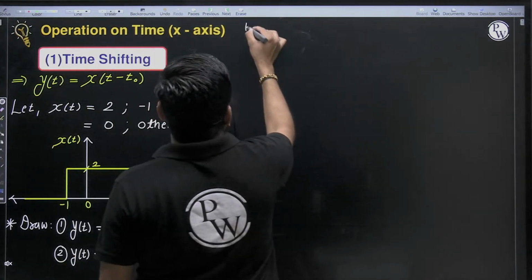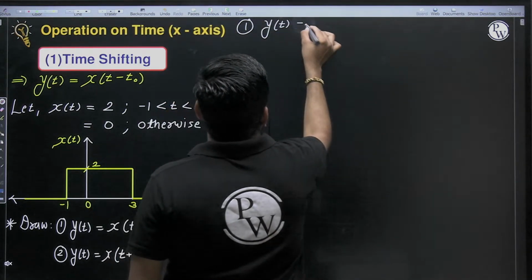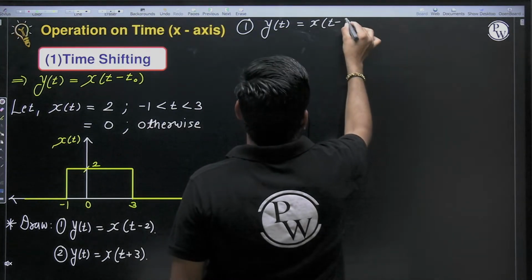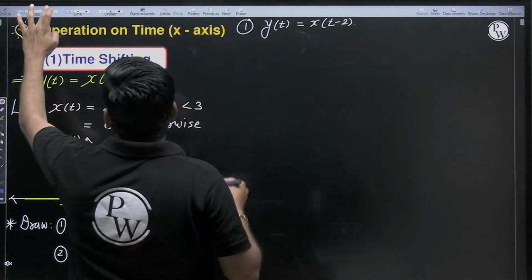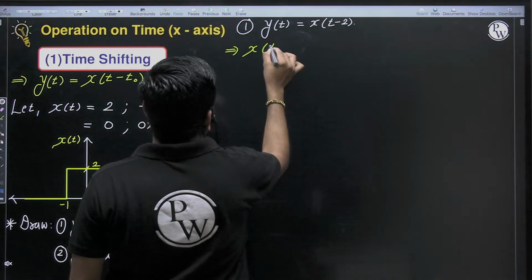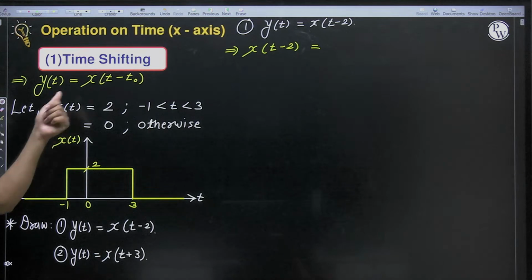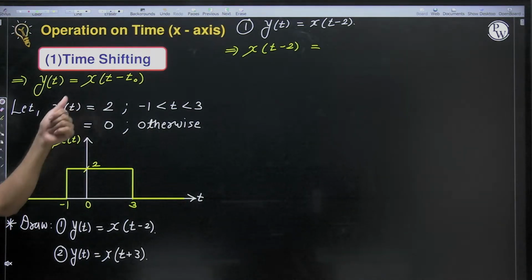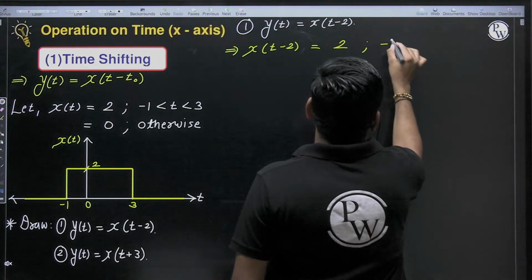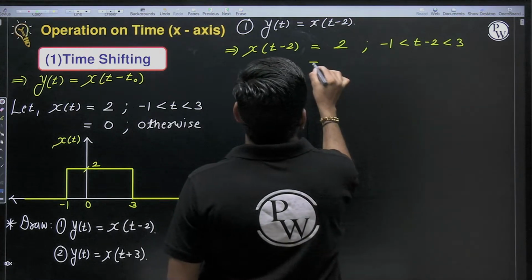First of all, draw y of t is equal to x of t minus 2. Now see, in x of t, we are replacing t with t minus 2, on the left hand side and on the right hand side, everywhere.